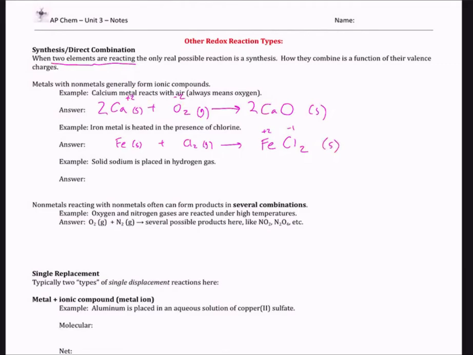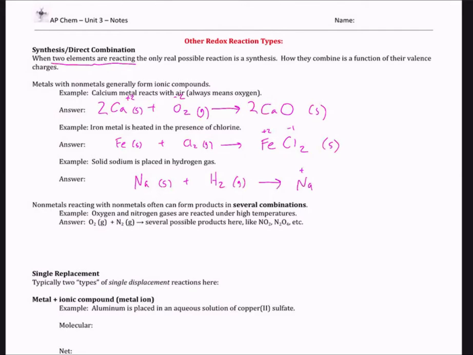Solid sodium placed in hydrogen gas. Hydrogen is also a diatomic element. It's also a gas. When you look up the charges, alkali metals can only be +1.